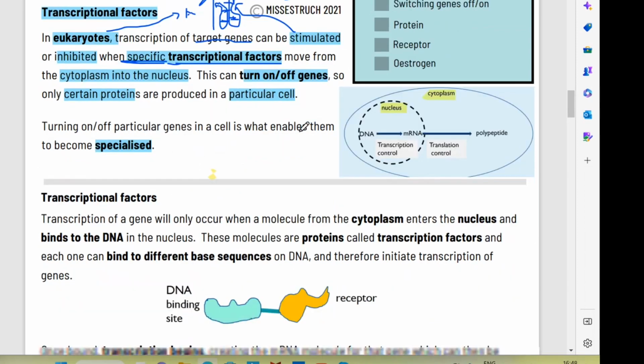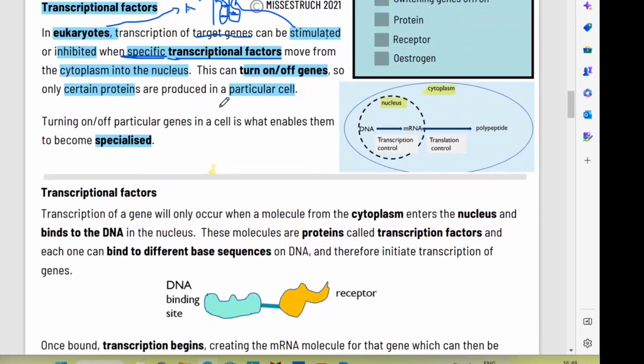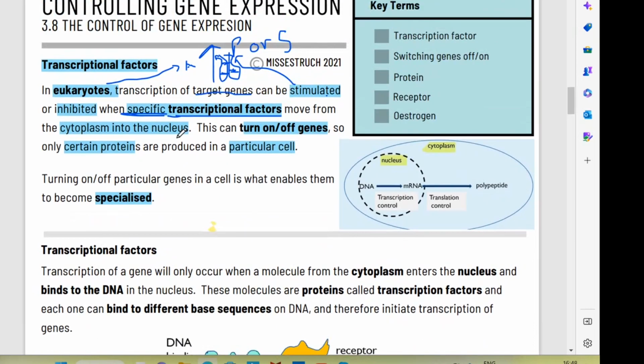So this can turn on or off genes, i.e. stimulate or inhibit the genes. So only certain proteins are produced in a particular cell. So we're turning on or off genes because we want to create certain proteins. So we only need one gene for each protein, I suppose.